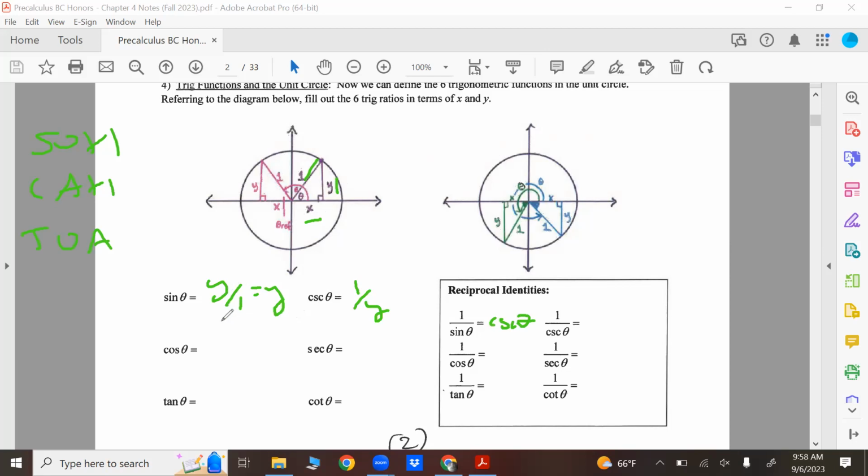Next, cosine is adjacent over hypotenuse, that's x over 1, or just plain old x. So you flip it for secant: secant is 1 over cosine. Then tangent is opposite over adjacent, which is y over x. So the cotangent is x over y, because cotangent is 1 over tangent. And of course, these are all reversed for the other ones too: 1 over secant is cosine, 1 over cosecant is sine. All makes sense? We're good?